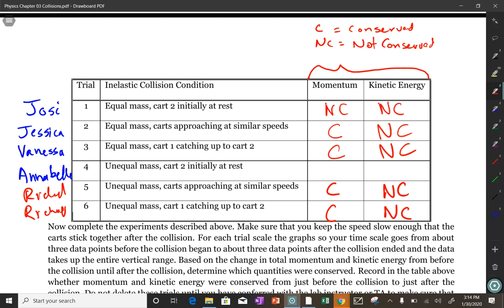I'm gonna actually scale this to a little more time because the collision took longer than we thought it did. So here we have about 3 data points after, but because the collision is longer for this one, it still went down, so my momentum would be non-constant.